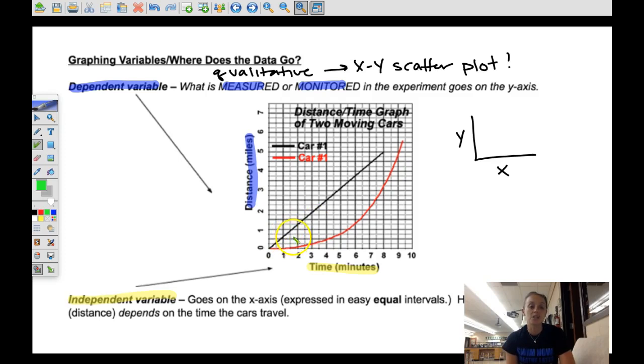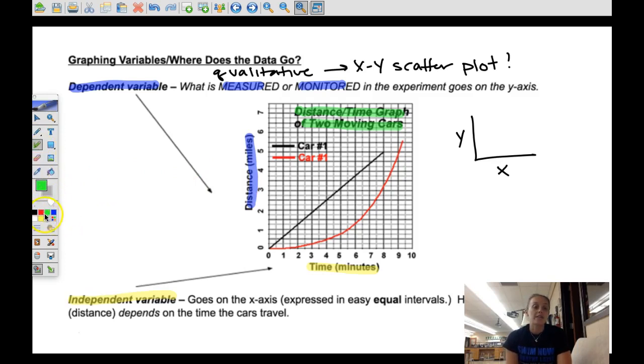So in this particular graph, I see that I have distance in miles over time. And I'm looking at a distance and time graph of two moving cars. The title is really important because it tells me, even though I didn't do this experiment, what's going on.